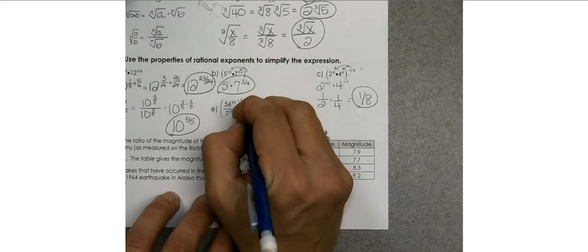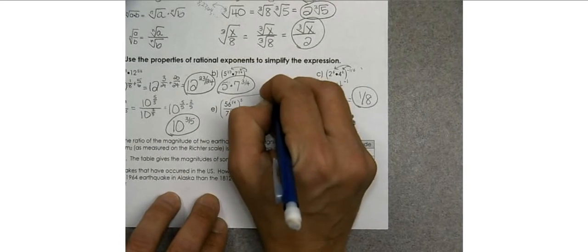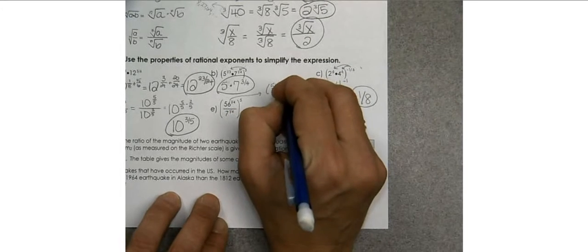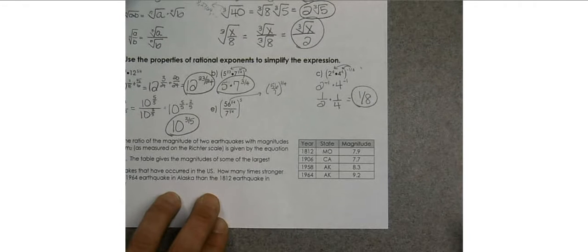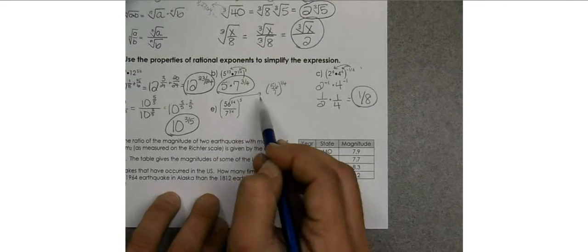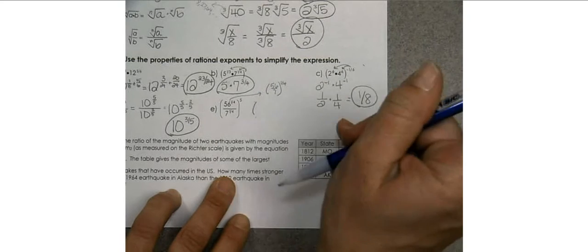And I'm going to realize that this is really the same as 56 over 7, to the 1/4. Then if I applied the 1/4, I would have gotten this. That being said, what this is really saying is that that's like 8 to the 1/4.